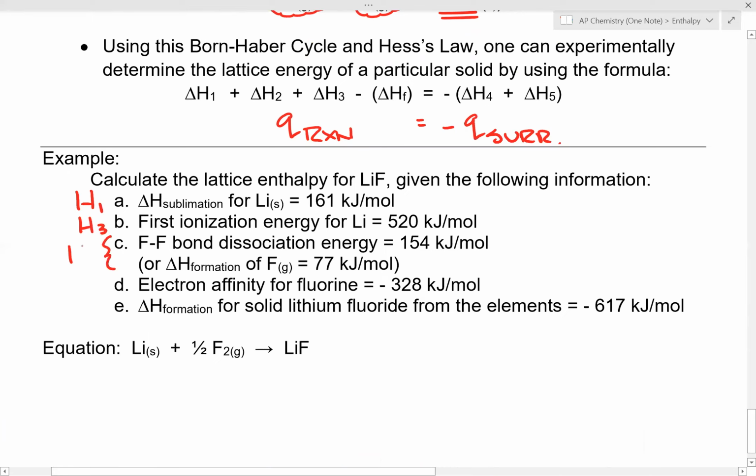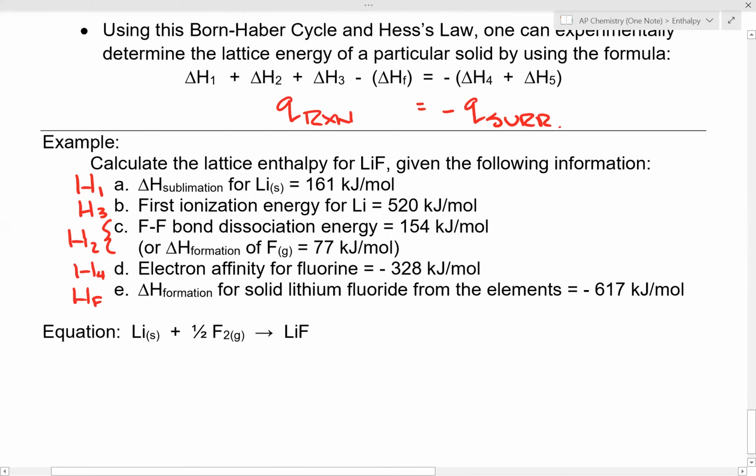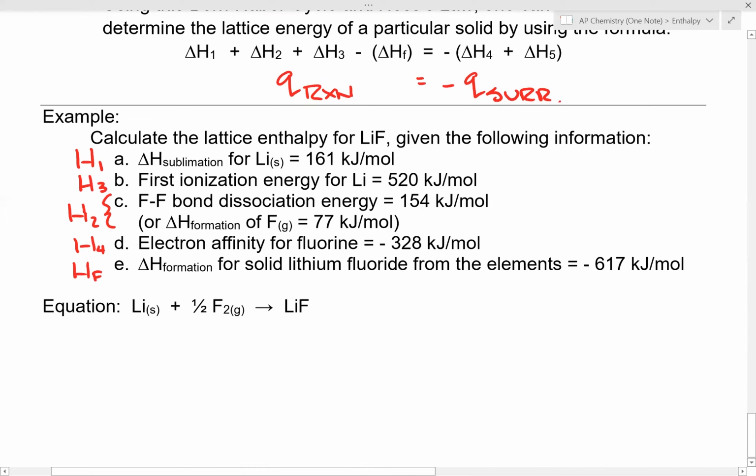These two would be H2. Electron affinity would be H4. And the heat of formation would be HF.